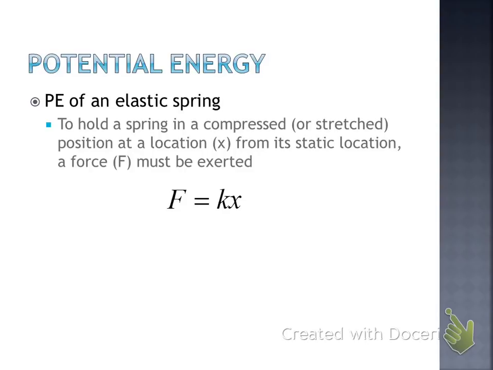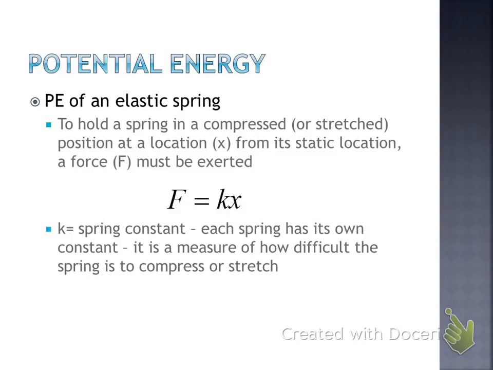Here's one equation that we can use for springs. Force is equal to K times X, and K is what we call the spring constant. It's kind of a lie because it's not really a constant. The spring constant tells us basically how difficult the spring is to stretch or compress.